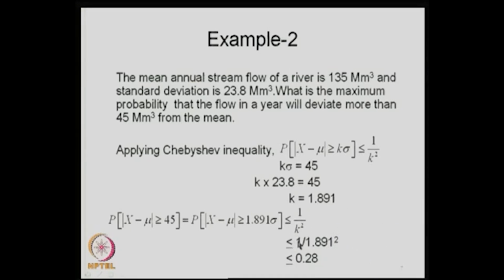So, this should be less than or equal to 1 by 1.891 square, which is less than or equal to 0.28, which means the probability that the mean annual stream flow will deviate more than 45 million cubic meters from the mean is less than or equal to 0.28. This is the result that we obtained from the Chebyshev inequality.